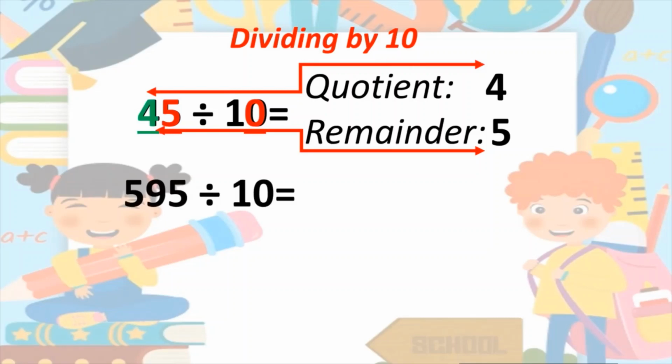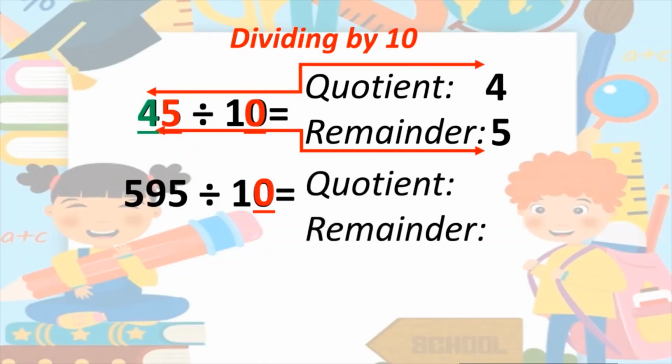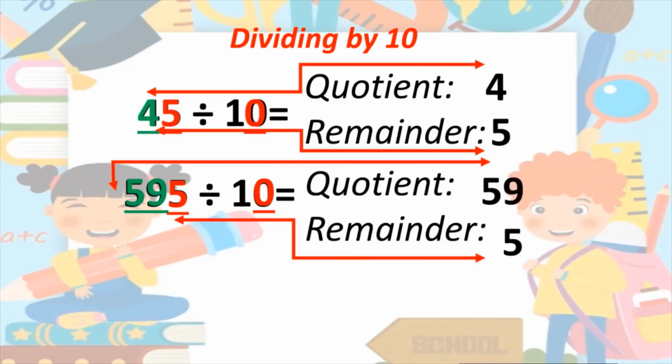595 divided by 10. So here again, the number 10 has 1 0. So in the number 595, the digit in the ones place is 5. So 5 becomes the remainder and the rest 2 digits become the quotient.